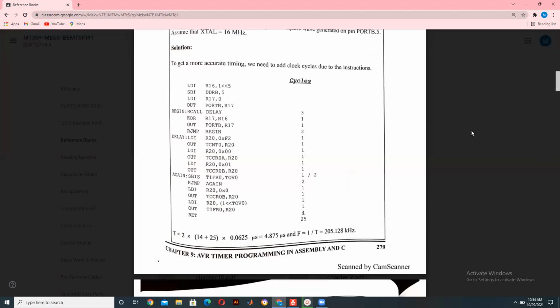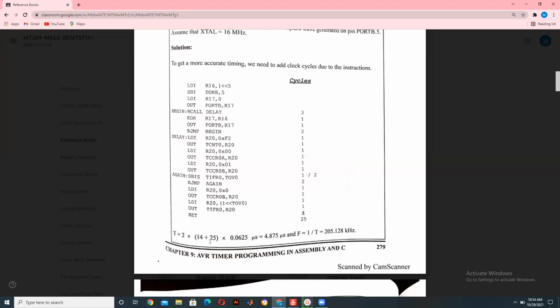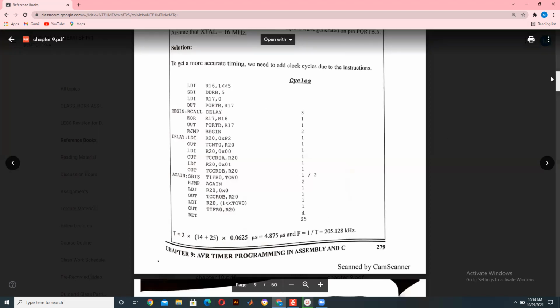So it has an extensive code that has its own values, and we would simply calculate these cycles, and after calculating these cycles, we would add 14, that is given over here, and multiply it with 2 and 0.062 microseconds, and we would get our answer.